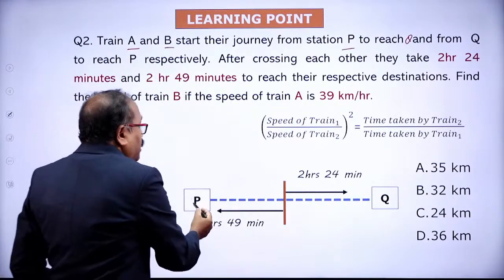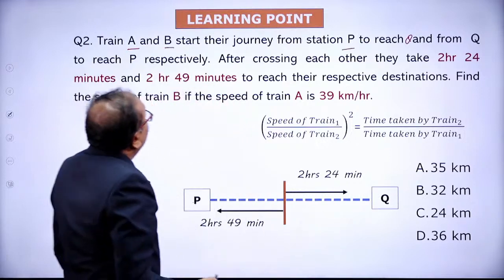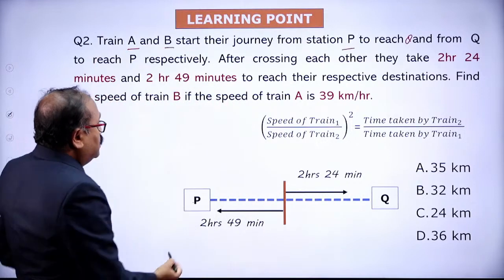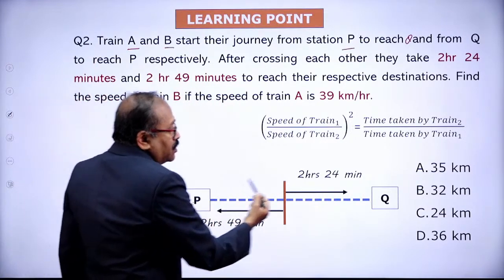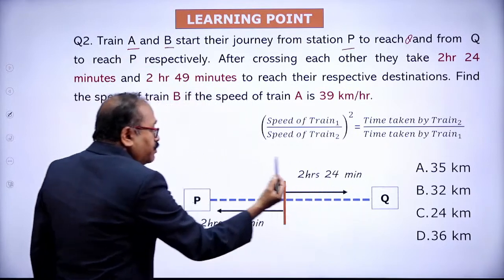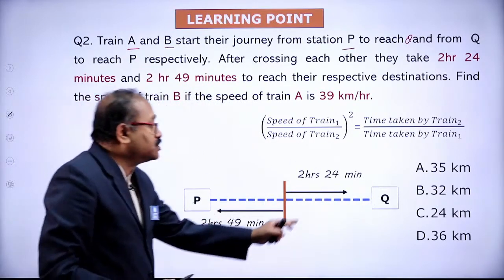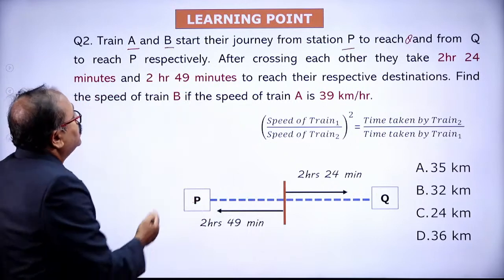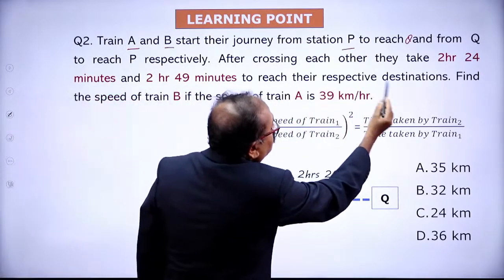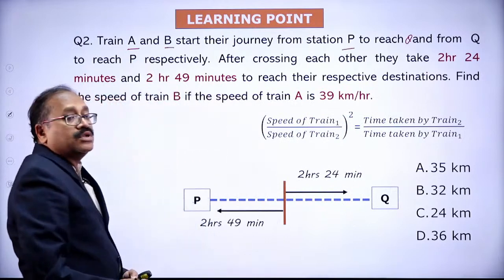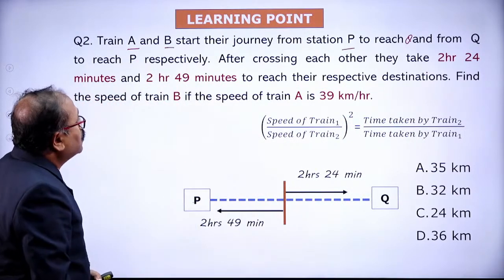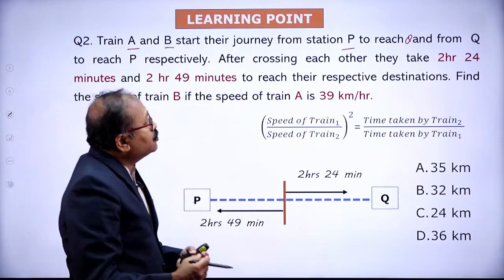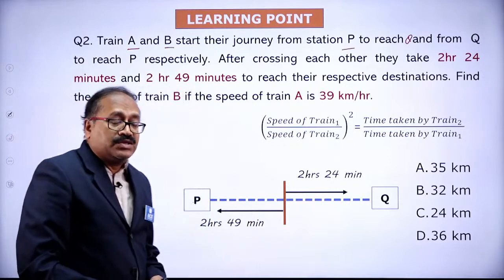Okay, P and Q is there. One train, train A, starts from P to reach Q, and B starts from Q to P. Next one, after crossing each other, they take 2 hours 24 minutes and 2 hours 49 minutes to reach their respective destinations.